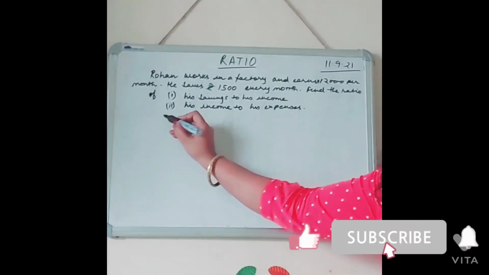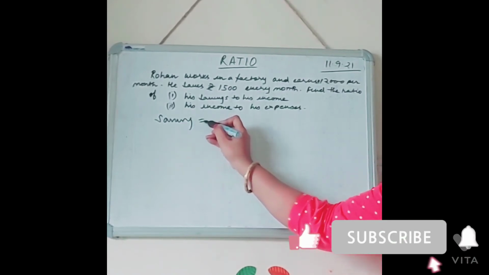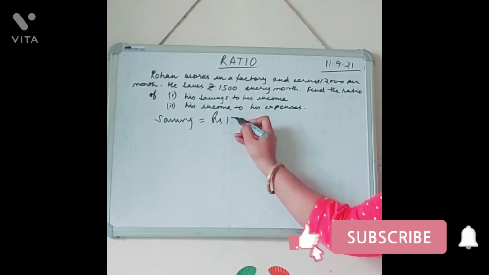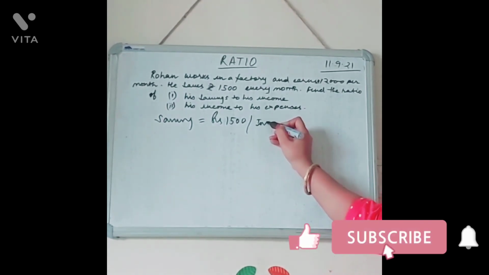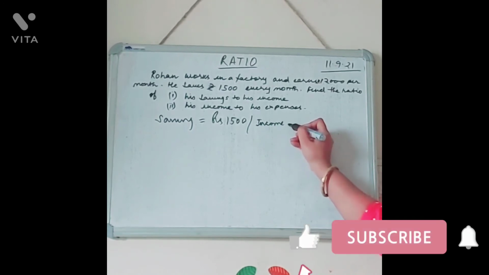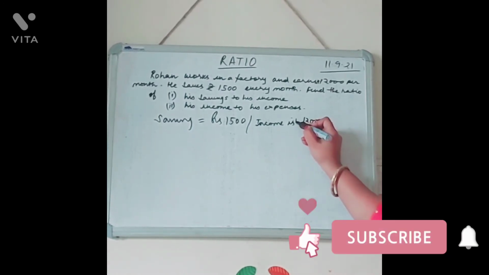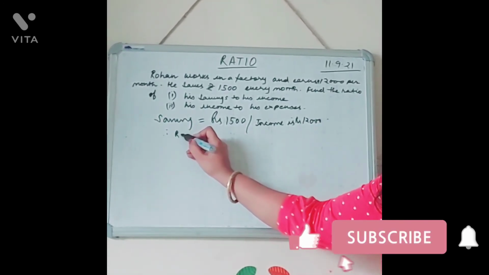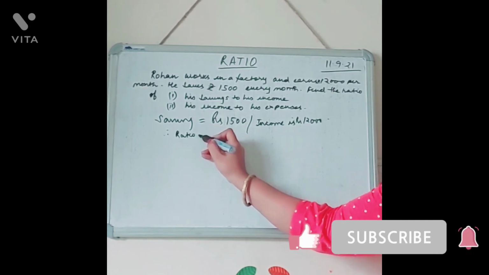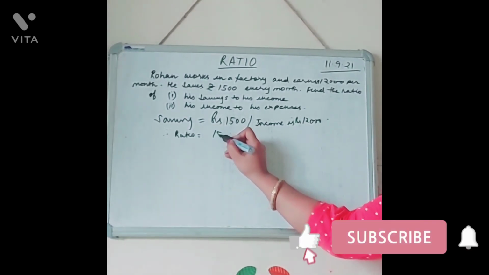So saving is how much? It is rupees 1,500, right? And income is rupees 12,000. Now, therefore, the ratio of his saving to his income will be saving 1,500.